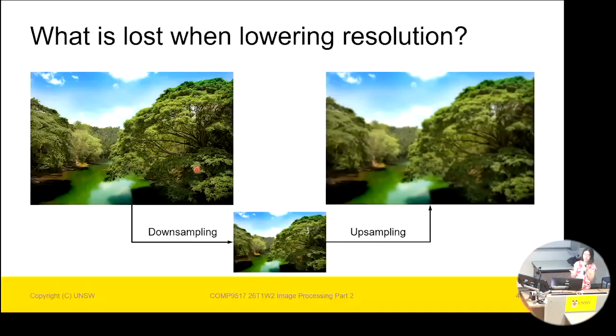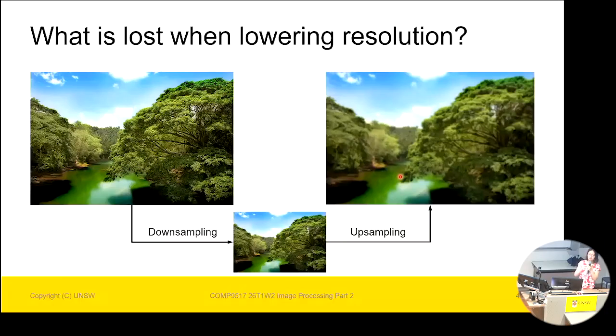The most intuitive explanation is that when you do downsampling, you are losing information, right? Because you are choosing a subset of the original pixels, or even if you do averaging, you're reducing the information in the image. And when you do upsampling, you have no way to get the information back, because you already threw away all that information. There are more complicated ways to do the upsampling. For example, there is a very specific technique called super resolution.